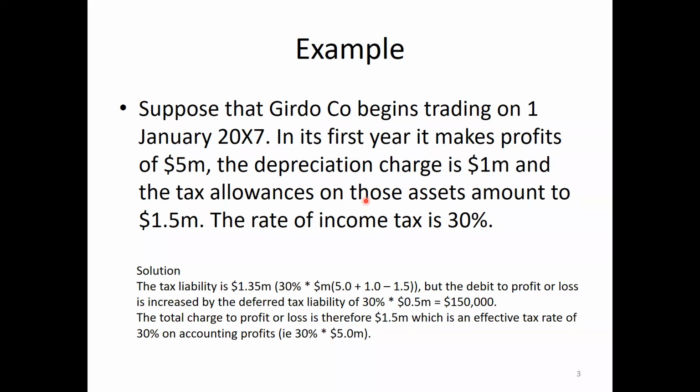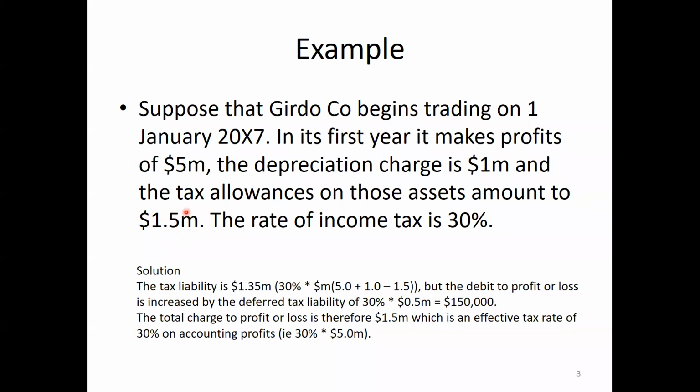So this is an example of an accelerated tax allowance. It is more than that percentage.